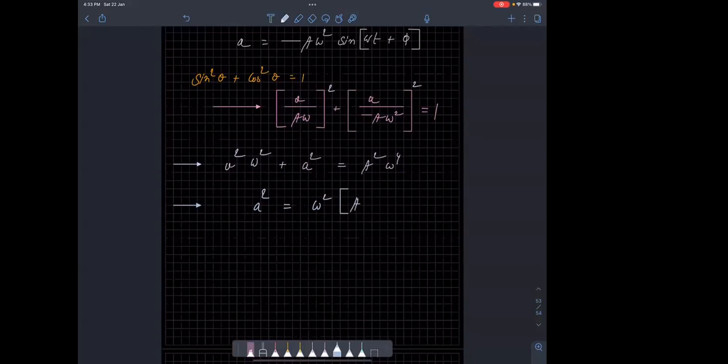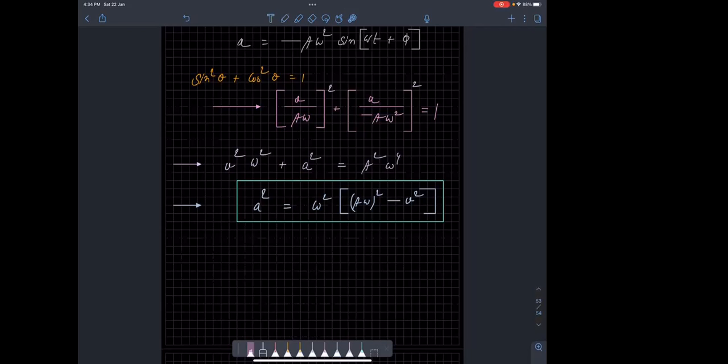Yes, this is correct. So this is the relationship between a and V. Here capital A square, all right, (A omega) whole square. Okay. Clear? Yes, sir.